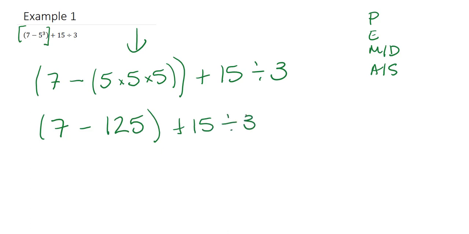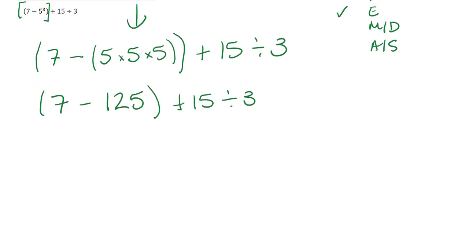We've dealt with the exponents. There's no multiplication or division, so we just subtract. 7 minus 125, or we can think of this as 125 minus 7 but keep the negative sign, is negative 118.